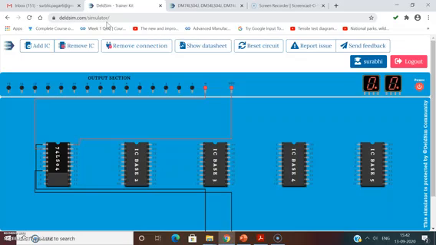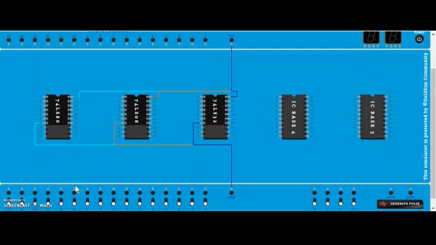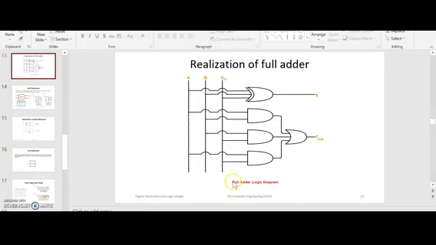So now finally we will proceed to implementation of our full adder and full subtractor. I will show you their circuit, their implementation on this same simulator, and you try them at home. So now we will implement the full adder. So for full adder we need these 3 inputs A, B and C in.